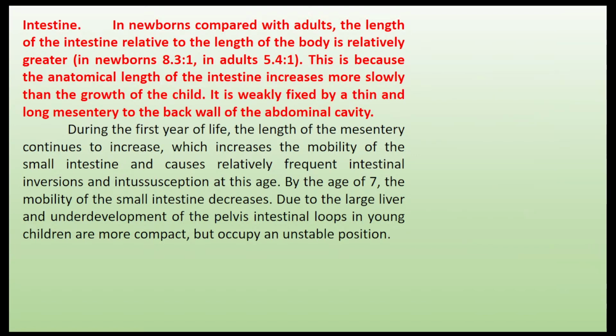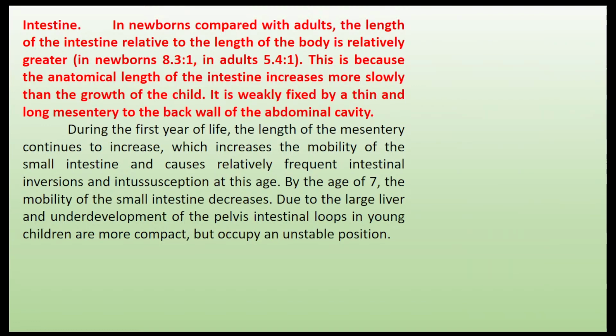During the first years of life, the length of the mesentery continues to increase with increase of mobility of the small intestine and causes relatively frequent intestinal volvulus and intussusceptions at this age.